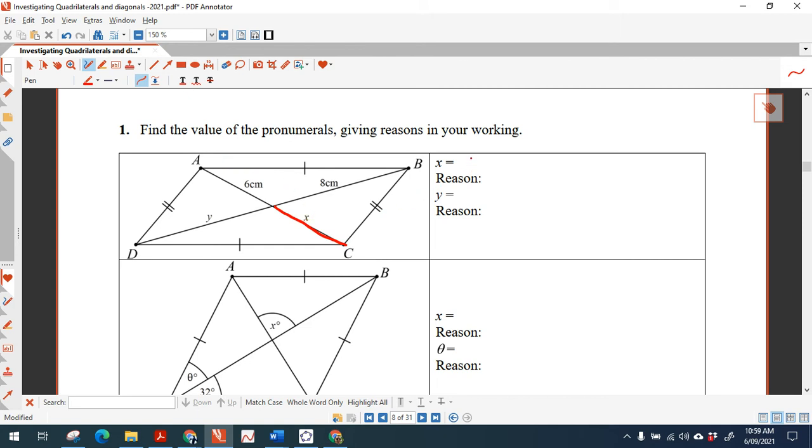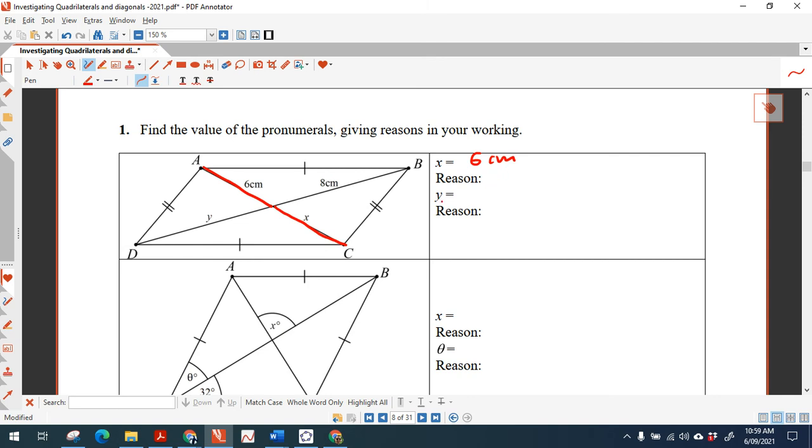So let's have a look. We're going to write down x is equal to 6 centimeters, right? Because this half here is the same length, because we know that the diagonals of a parallelogram bisect each other.